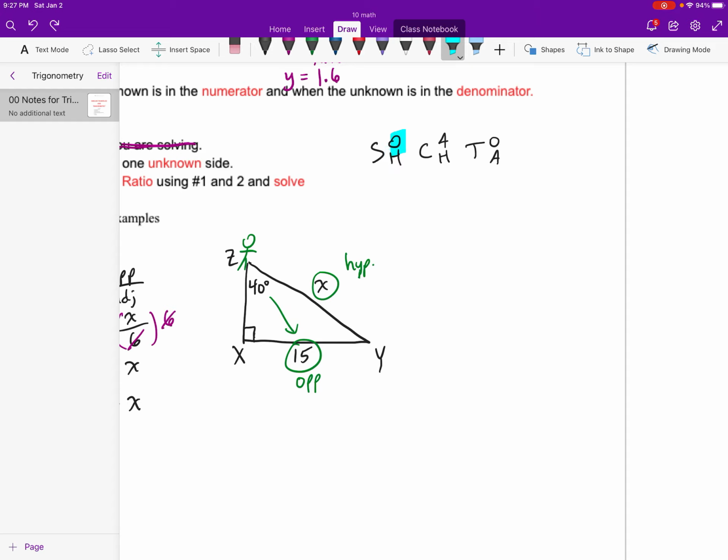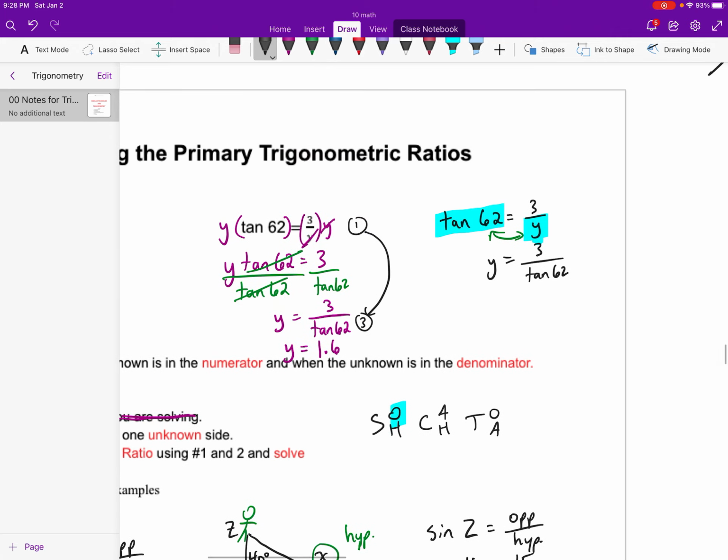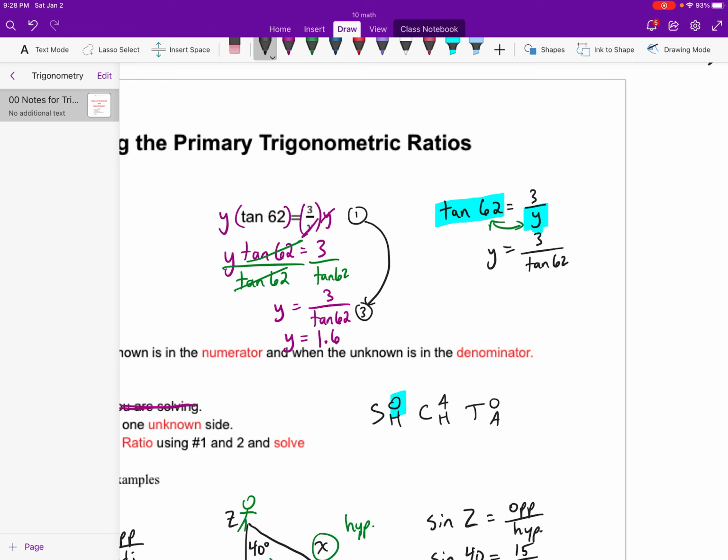So we write sine of Z equals opposite over hypotenuse. That's the definition of sine. We fill in our knowns. Z is 40 degrees, so sine of 40 is equal to the opposite side, 15, over the hypotenuse, which is x. Just like in the example above, when the unknown is on the bottom, we can just do the switch.